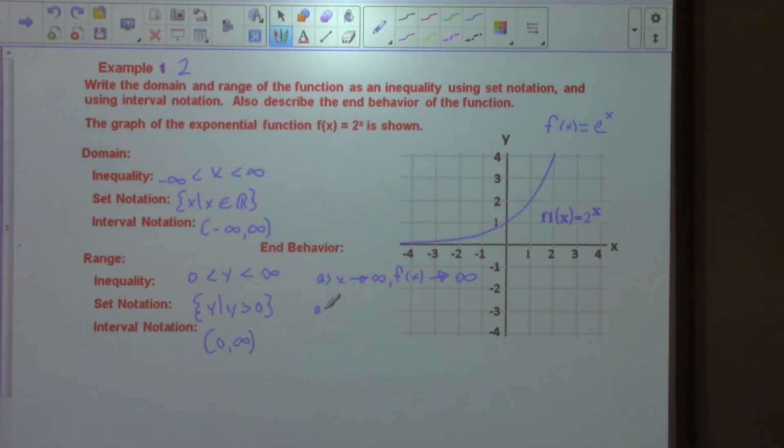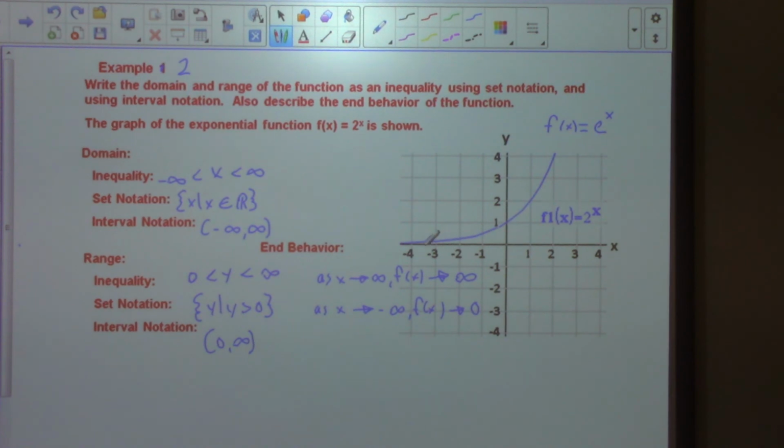Now as x approaches negative infinity, f of x approaches, what do you think goes here? Infinity? What are we approaching as x approaches negative infinity? 0, 0. 0.